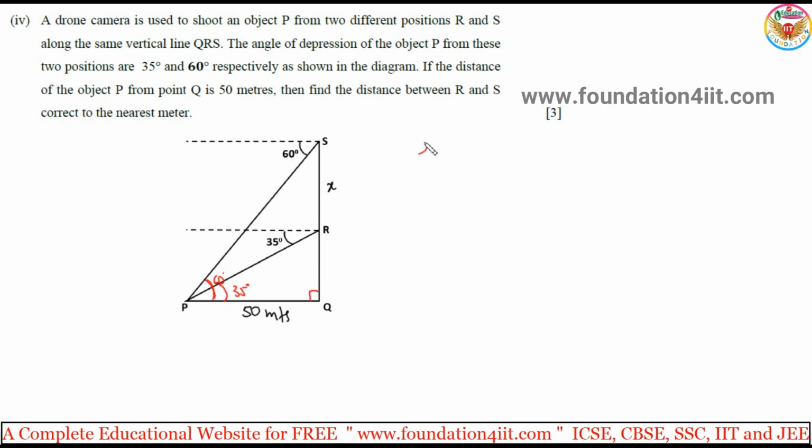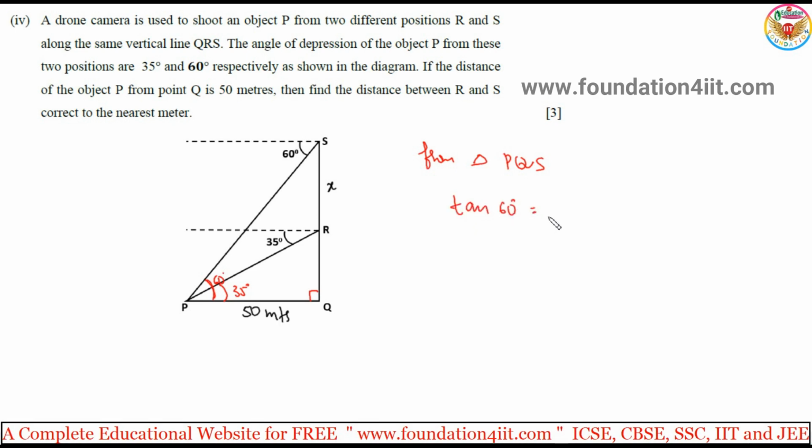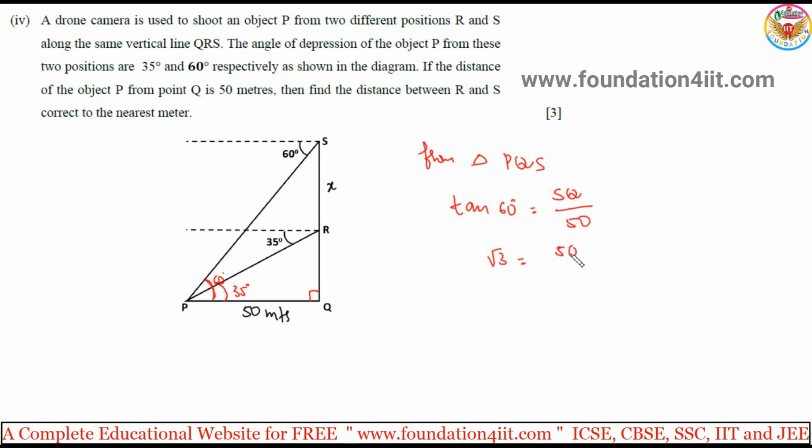From triangle PQS, opposite by adjacent, so tan 60 is equal to SQ divided by adjacent, which is 50. Tan 60 is equal to root 3. So root 3 is SQ by 50. Then the entire distance SQ is 50 root 3.